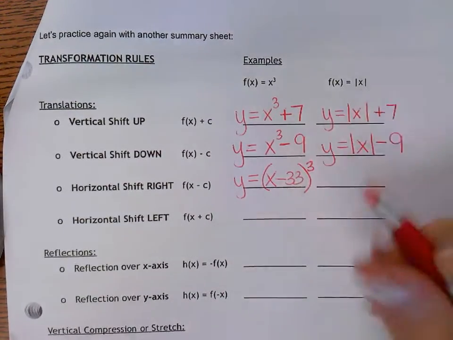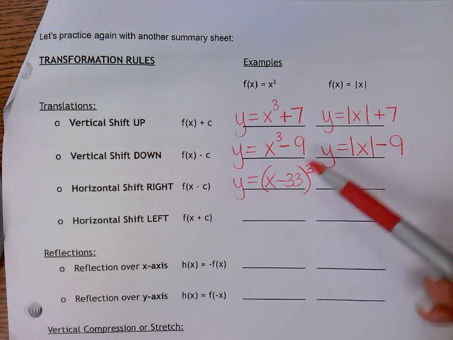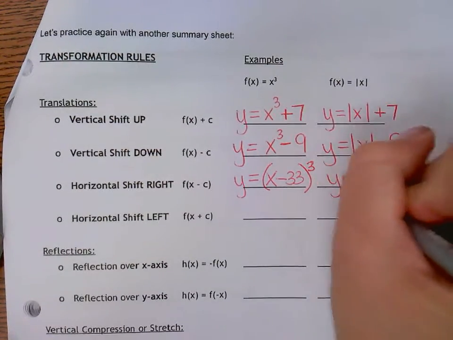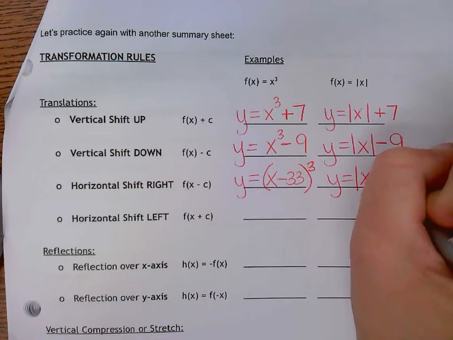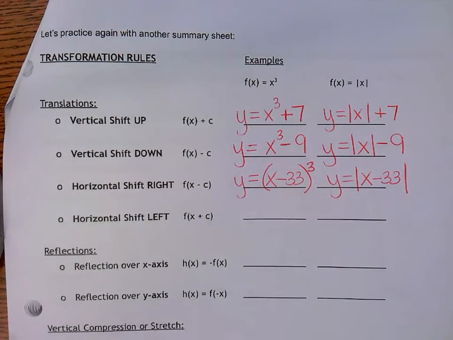So I'm putting my function x cubed on the outside of this parenthesis, and that will move me right 33 units. Or I could write the absolute value of x minus 33, absolute value. So that shifts me right 33 units.